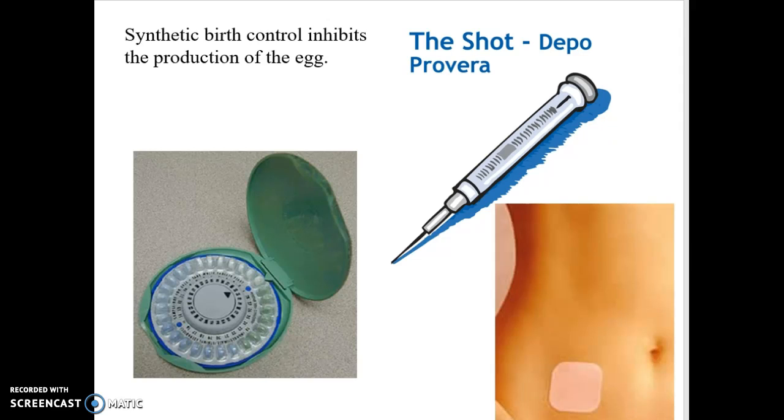But the philosophy behind how synthetic birth controls work, this type, is that they go in and they inhibit the production of future eggs, stopping those eggs from being produced the same way a fertilized egg or zygote would do it. But they're tricking your body to say, hey, wait, we don't want another egg produced because we are already dealing with one fertilized egg.